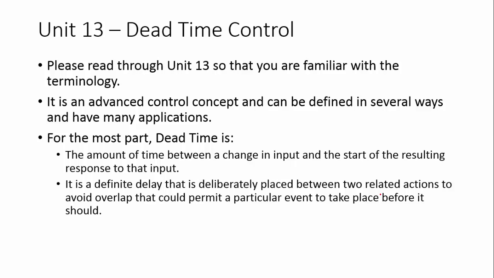It is a definite delay that is deliberately placed between two related actions. Notice the word, it's deliberately placed. We intentionally add dead time to the system to avoid any overlap that could permit any particular event from taking place before it should happen. So it really provides a lag or a period of time when there is no control occurring.